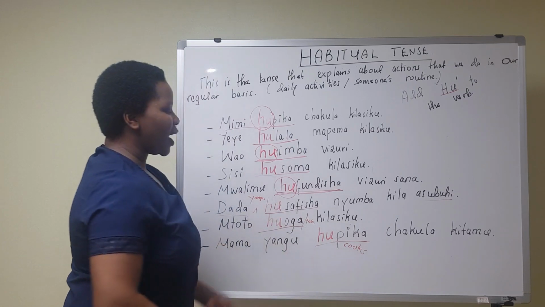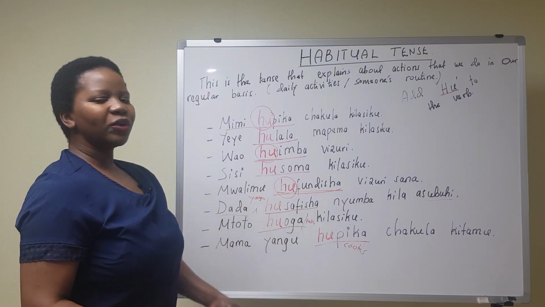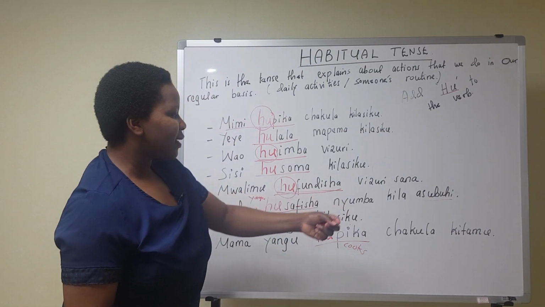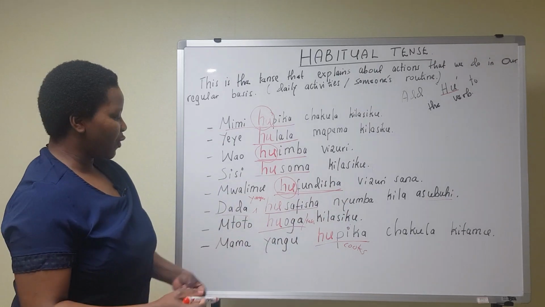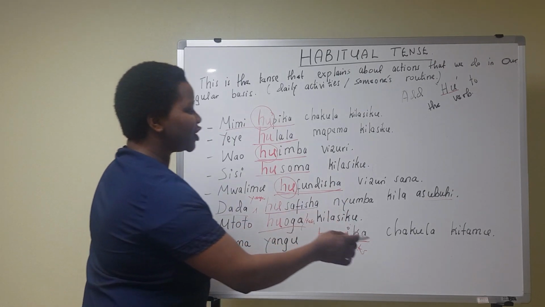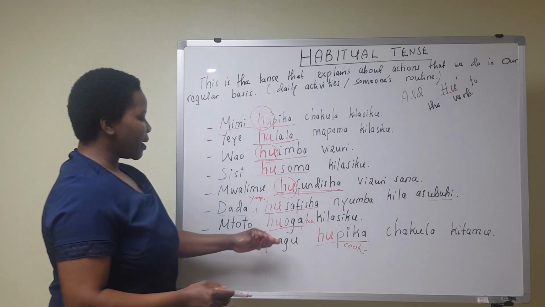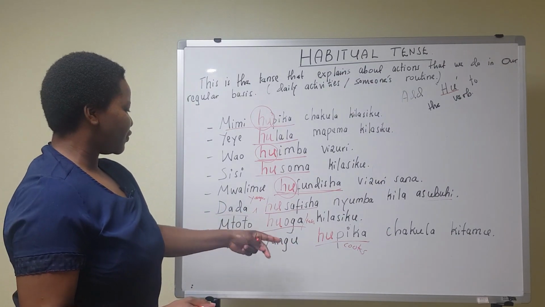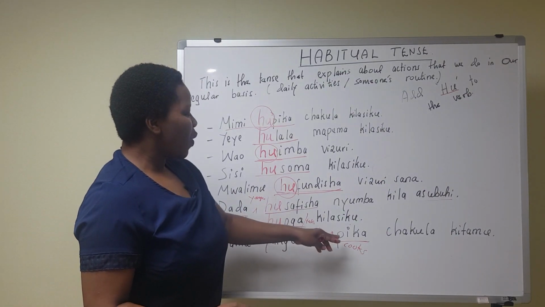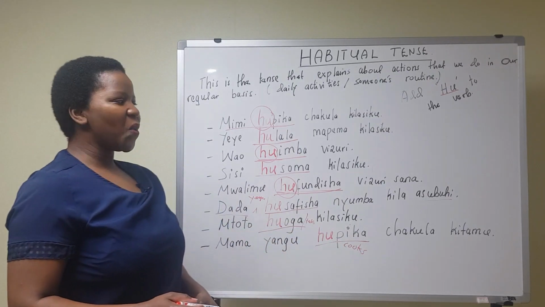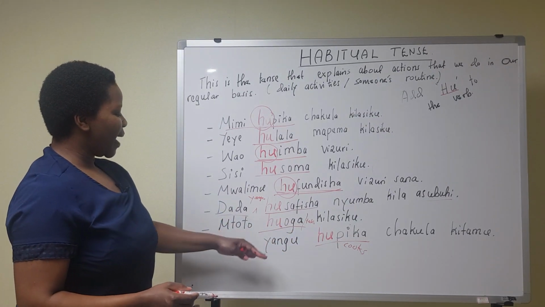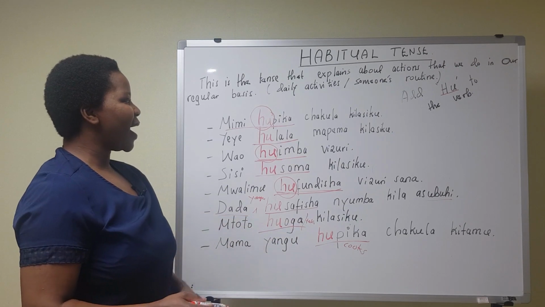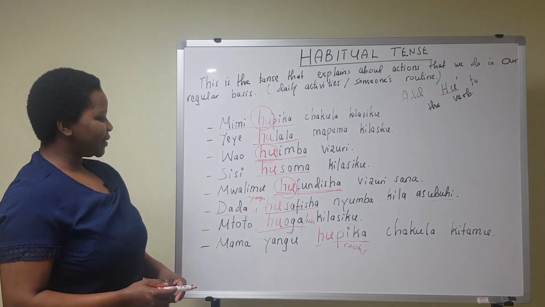So my mother cooks the food, chakula kitamu, delicious food. My mother cooks delicious food. Mama yangu hupika chakula kitamu.